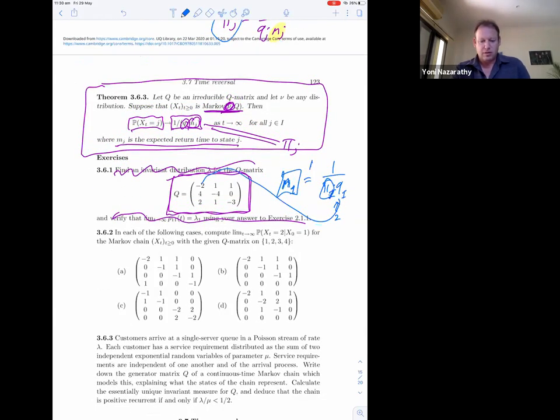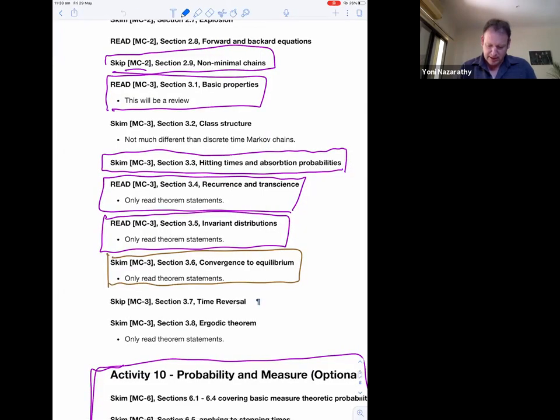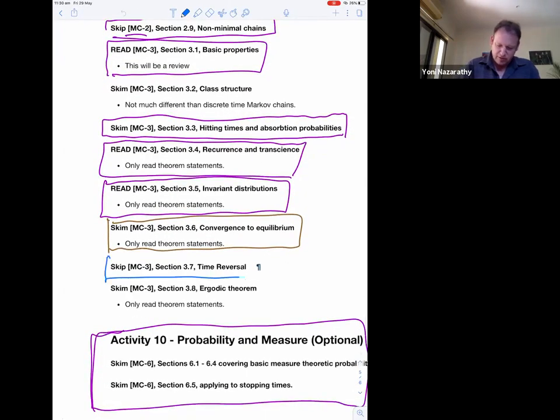All right, let's continue. Self-study guide: skip time reversal. That's too bad that we skip time reversal. Time reversal is a nice thing. You take your Markov chain, you look backwards in time, and you get a different Markov chain. For certain Markov chains, the backward time is like the forward time.